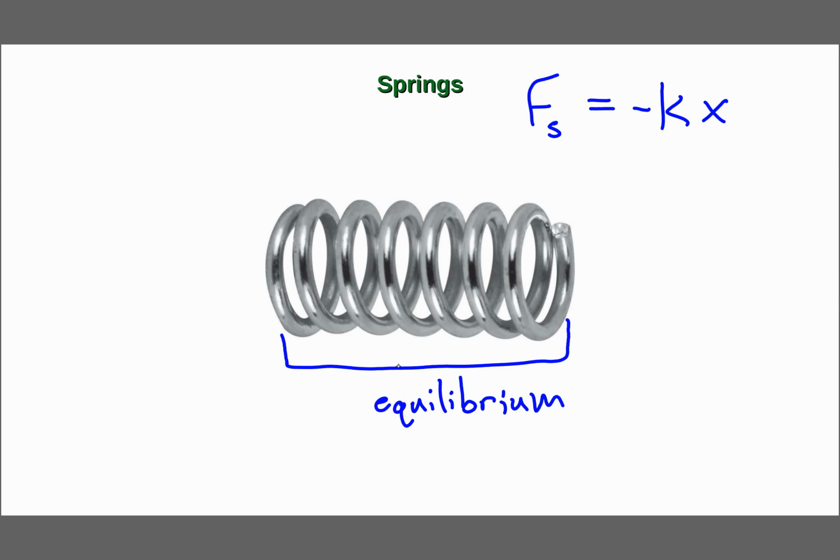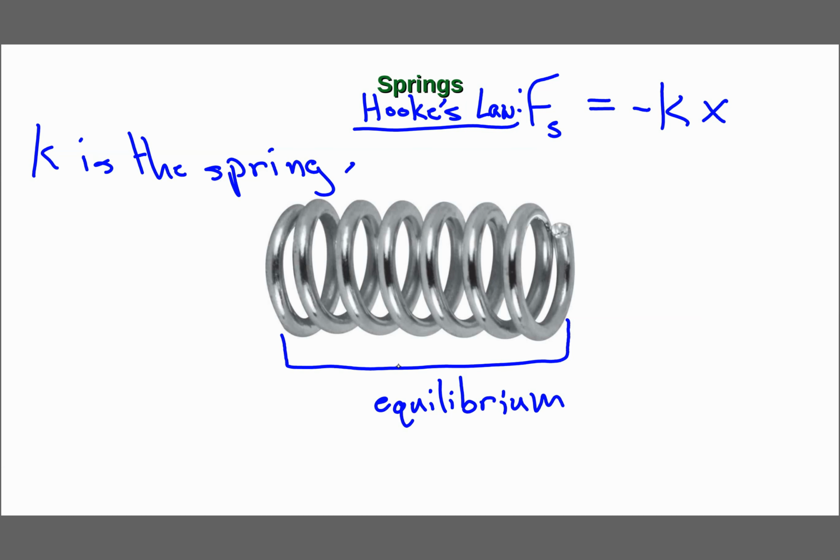This is called Hooke's law. It says the force of a spring is going to be proportional to the distance that you deformed it, and in the opposite direction. Notice we have the negative sign. This k is the spring constant.